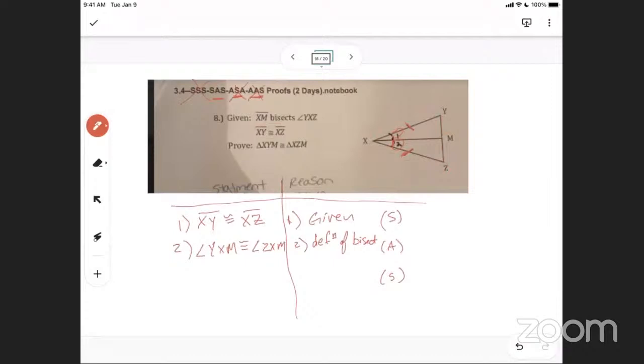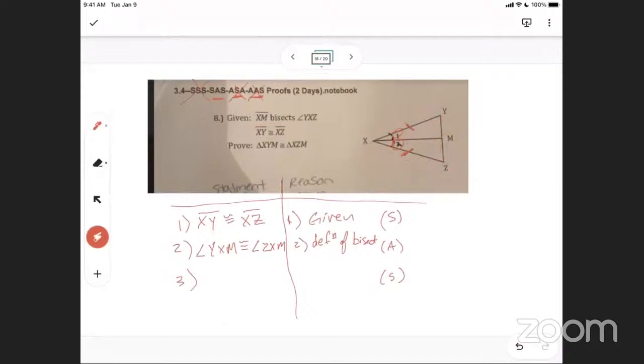Okay. And what's the third thing we're going to find? The other side. Which is? So what's the third side that we said we were going to use?